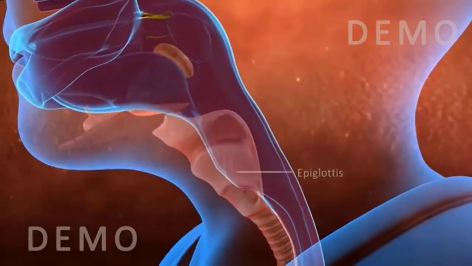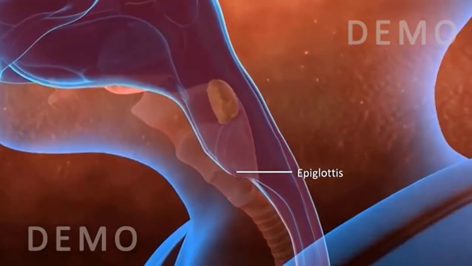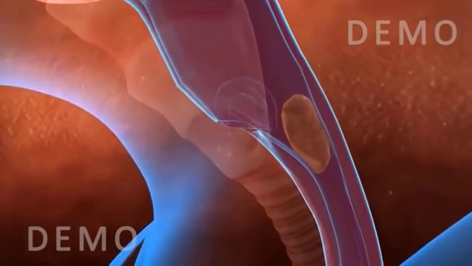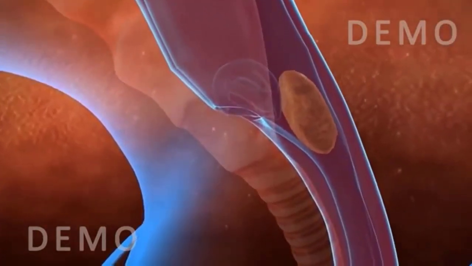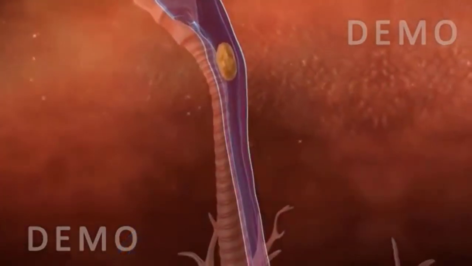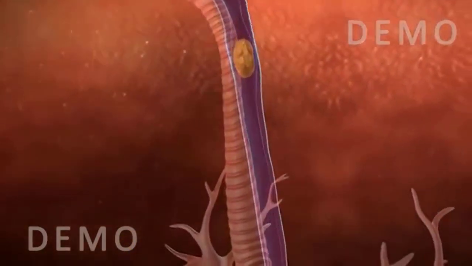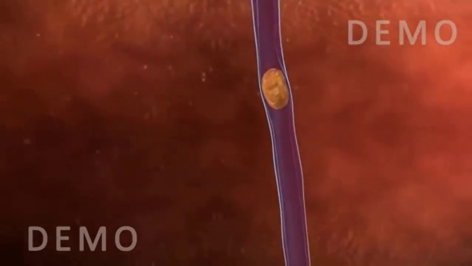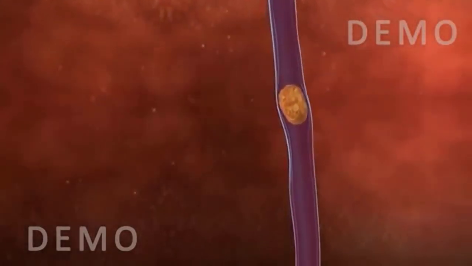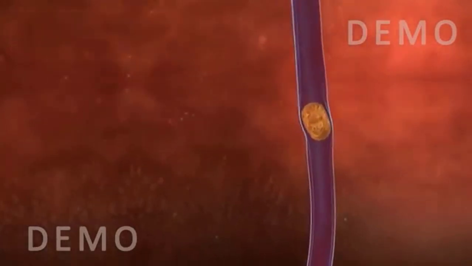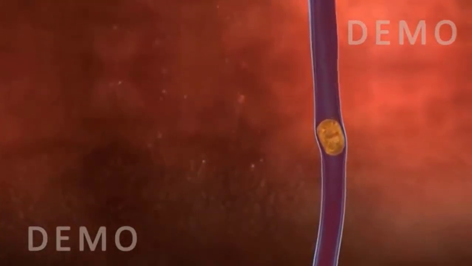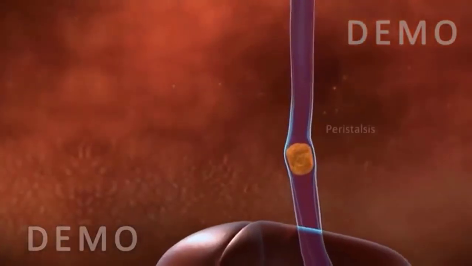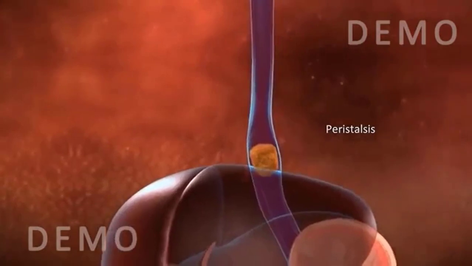When the food passes over the epiglottis, which is a flap-like structure which prevents the entry of food into the trachea, it pushes down the epiglottis. The food then enters the food pipe or esophagus, which connects the pharynx to the stomach and is gently pushed down to the stomach by wave-like muscle contractions and relaxations known as peristalsis.